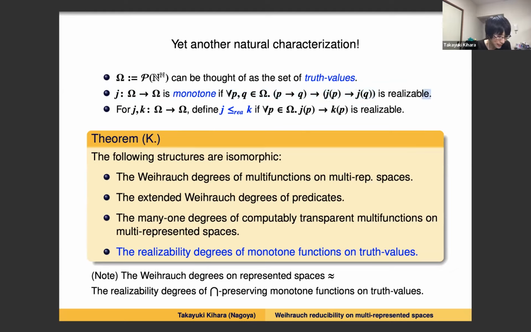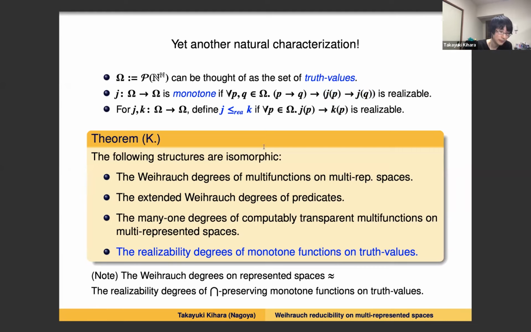This means that for any mass problems P and Q, there exists a computable function such that, given a code for a continuous function that transfers an element of P to an element of Q, returns a code for a continuous function that transfers an element of JP to an element of JQ. Here, the computable function does not depend on P or Q. So this is the definition of monotonicity.